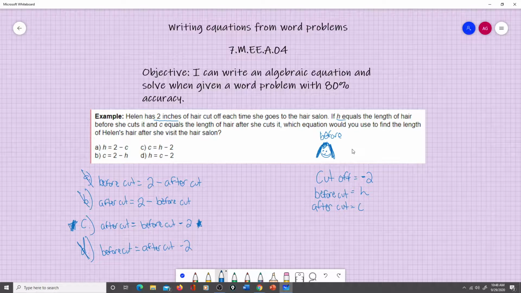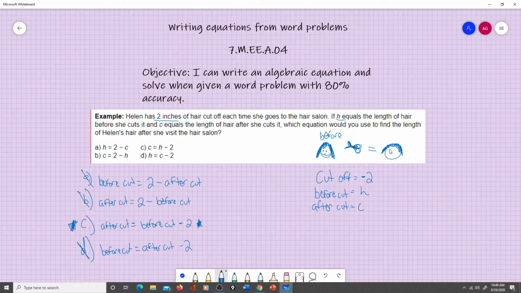And then we could draw some scissors. This is an amazing drawing of scissors. So those are going to cut off hair. Equals hair at the end, right? The hair is just a little shorter than it was in this picture. If we combine those things, that is the only one that's going to make sense.